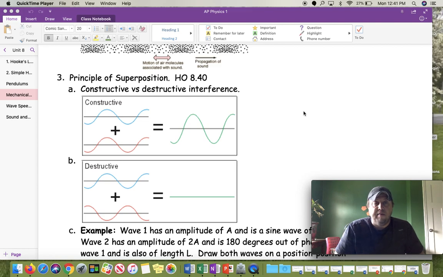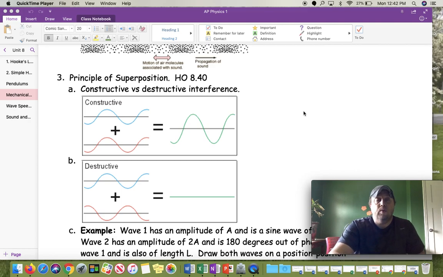It would be like having a tuning fork with a frequency of 500 hertz and overlapping its sound with a frequency of 300 hertz, which is one of the topics we'll get to later on. The two waveforms that propagate from those two tuning forks will overlap differently and will have what's called either constructive or destructive interference.